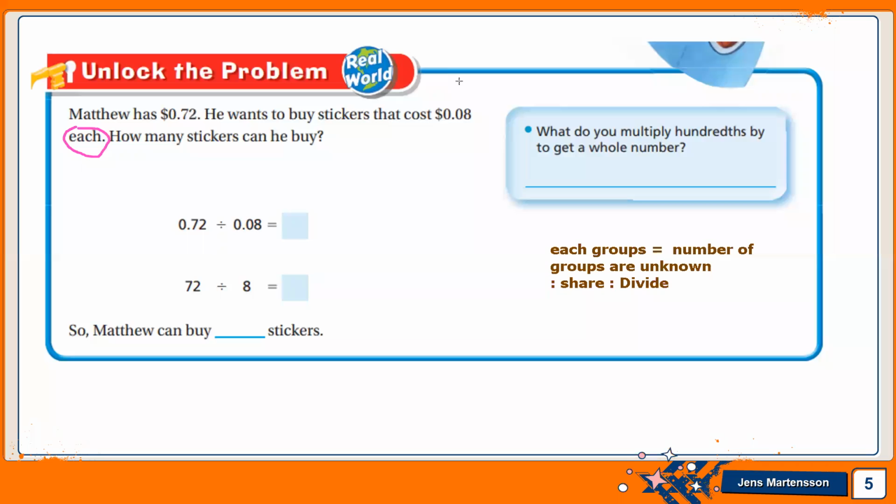So here now, what do you have? You have 0.72 divided by 0.08. Now, where is the divisor? This is here. The divisor, the number that I will divide on.